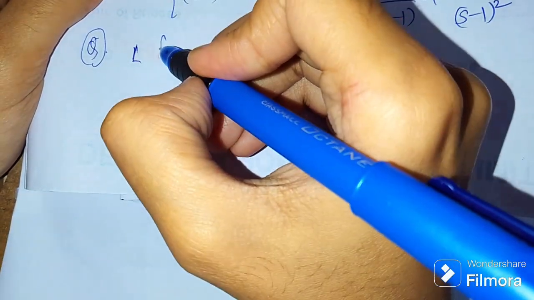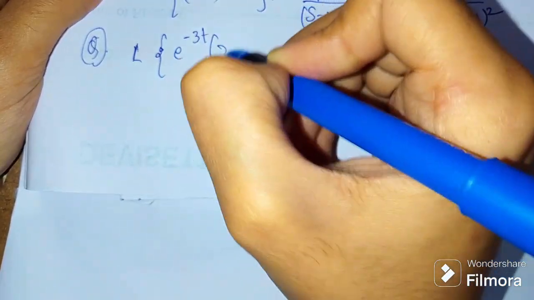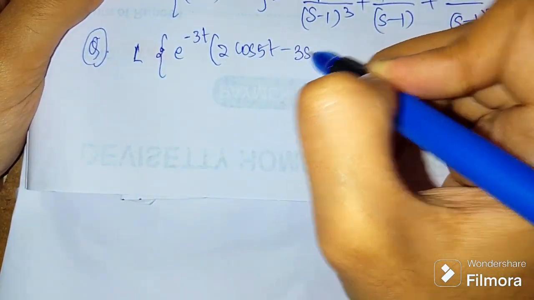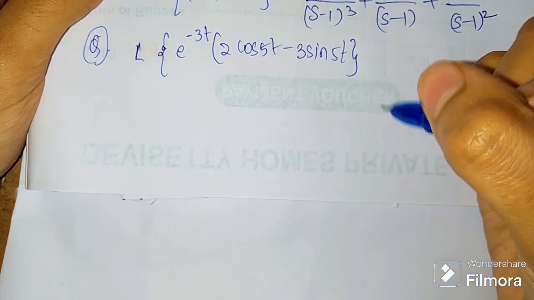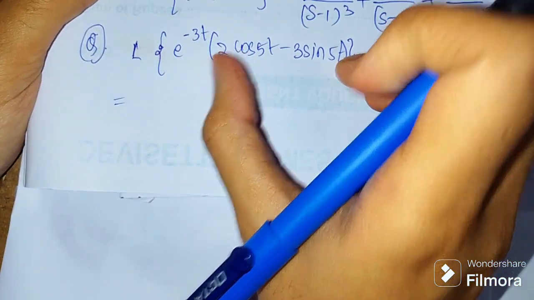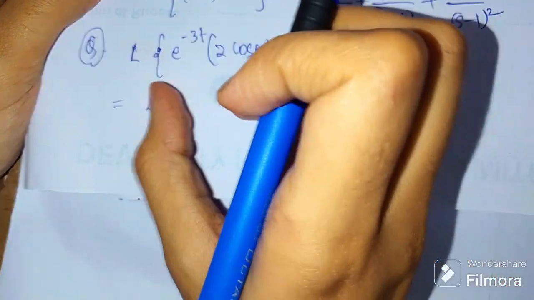So next question. e power minus 3t into (2 cos pi t minus 3 sin pi t). This also we will solve, very easy. First, consider only this part: Laplace of it, with 2 outside.